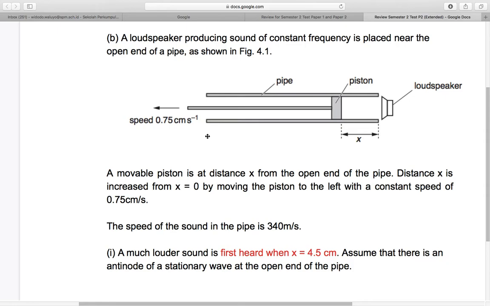Distance x is increased from x equals 0 by moving the piston to the left with a constant speed of 0.75 centimeter per second. The speed of sound in the pipe is 340 meter per second. Okay, we have some questions here.